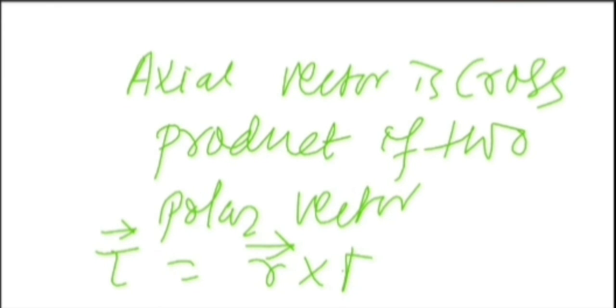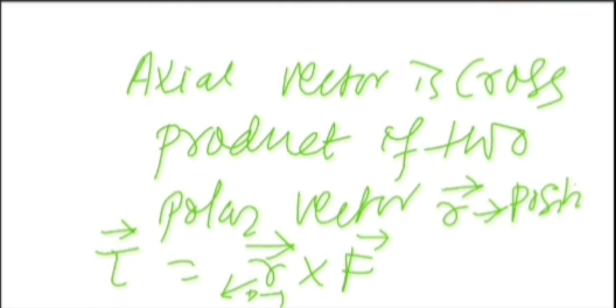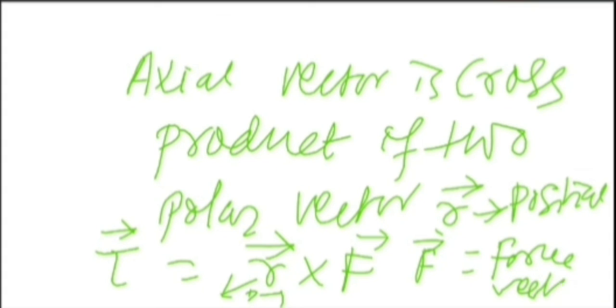Torque is given by R cross F, where R is position vector and F is force vector. Direction of axial vector is given by the right hand thumb rule or Maxwell corkscrew rule. By this rule we can find out the direction.